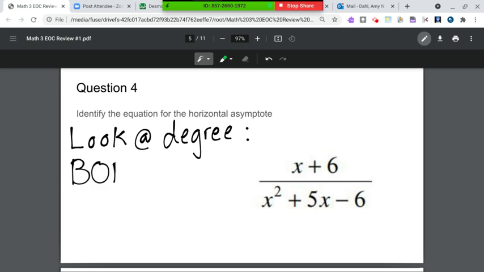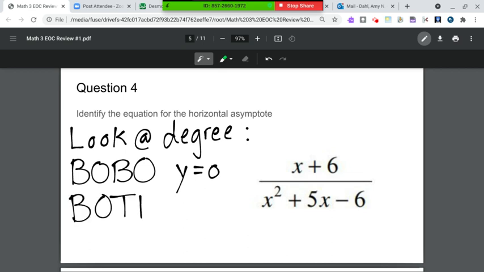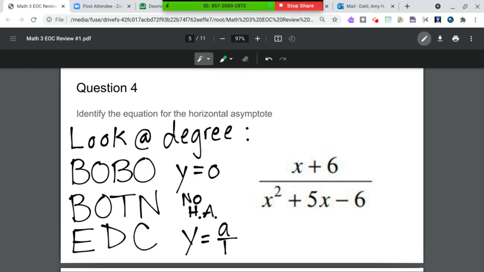Bigger on bottom, y equals 0. Bigger on top, there is no horizontal asymptote. If they are equal, you divide the coefficients. Okay? Equal, you divide the coefficients.